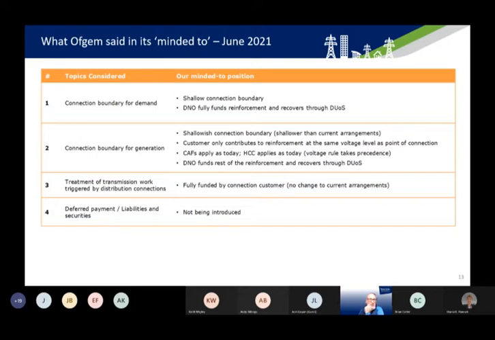It's not been something that's been picked up in the discussions with Ofgem. So in their mind too, I guess if they've not had much response or pushback on that, then they'll have done nothing more about it. So again, there's an opportunity to make your views known to Ofgem through the consultation process.